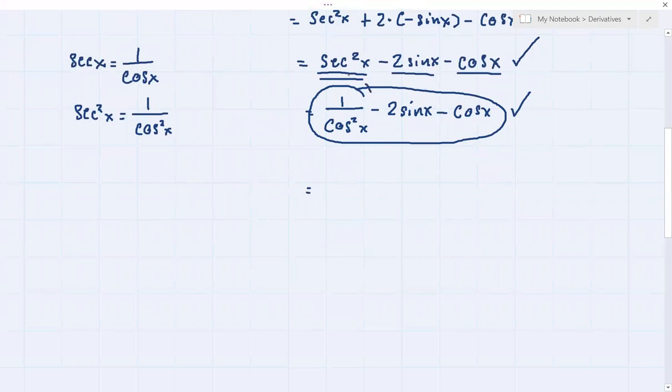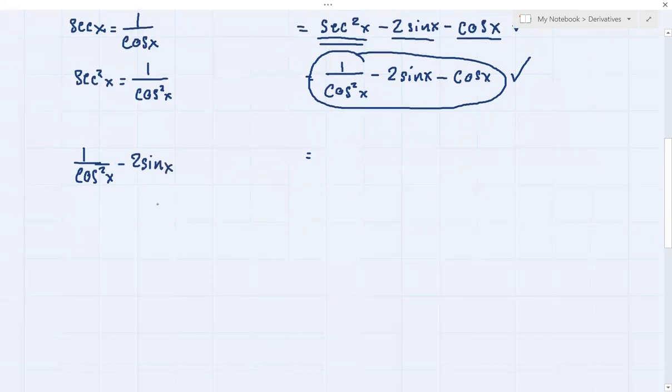So, first, let's convert this first two terms into a whole fraction. Okay? So, 1 all over cosine squared x minus 2 sine x. So, unang technique is I will try to use the method of converting a mixed fraction to an improper fraction.